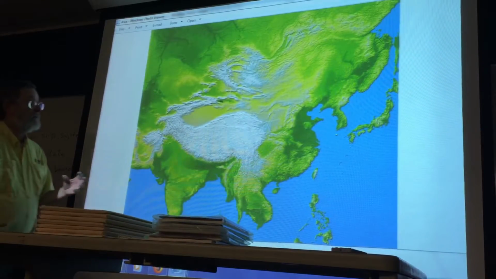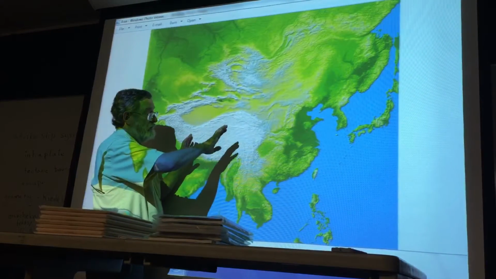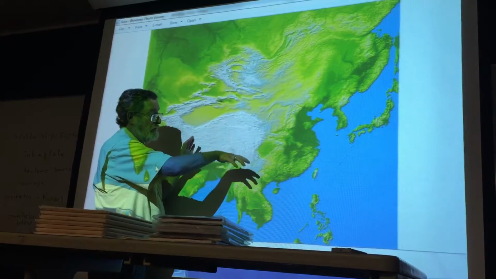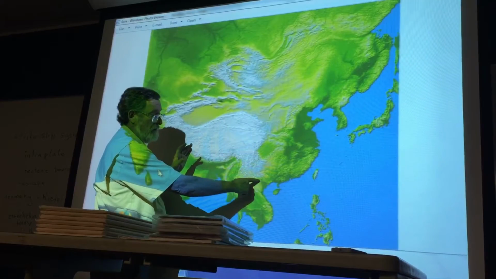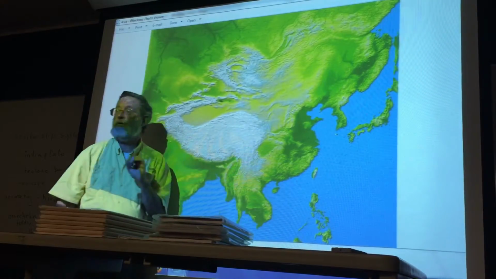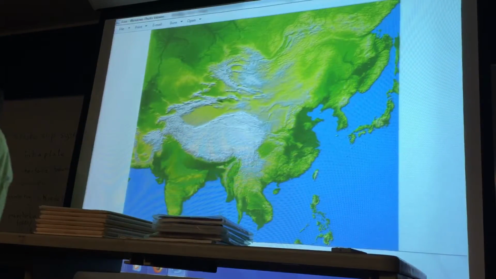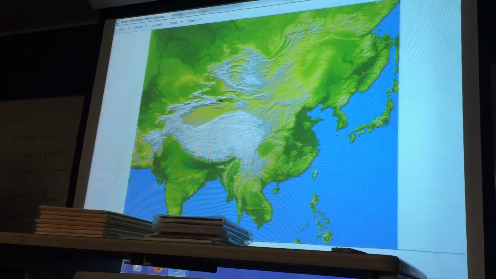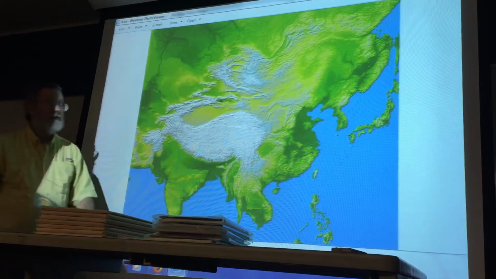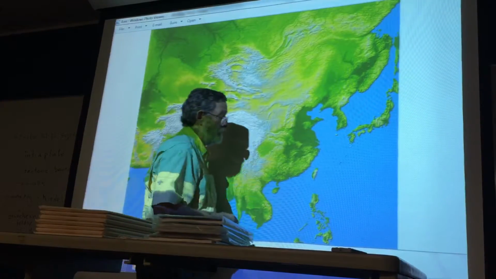And so what happens is that we see initially Southeast Asia transform and move out along this boundary right here. This is the Red River Fault Zone. Comes through Southeast Asia into Vietnam. Yeah. Did you say Red River? Red River. Red River Fault Zone.